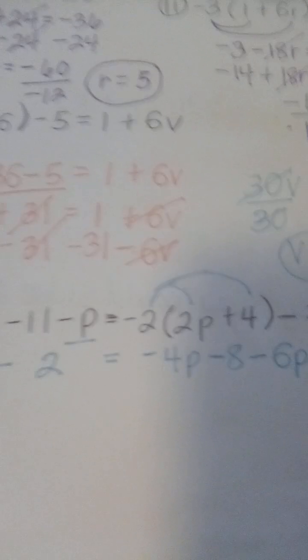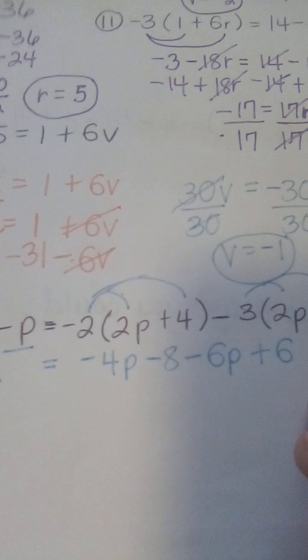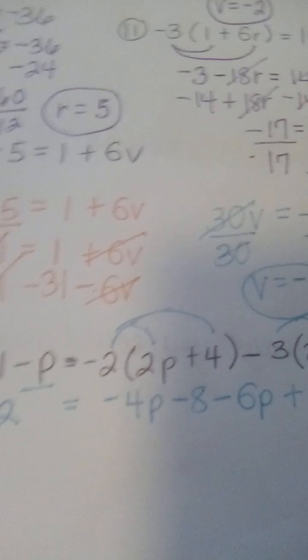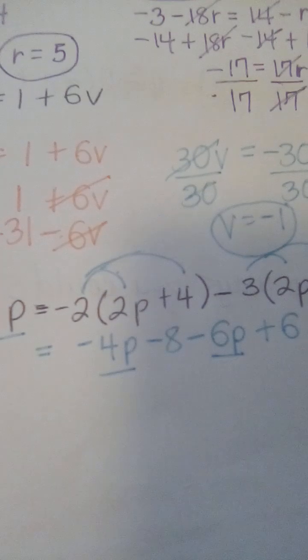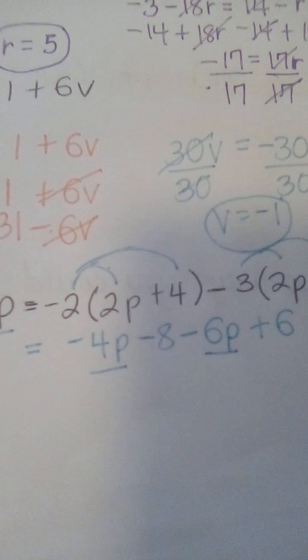Now, let's do the same thing, combine like terms on this part. We have the p's, right? Negative 4p minus 6p.